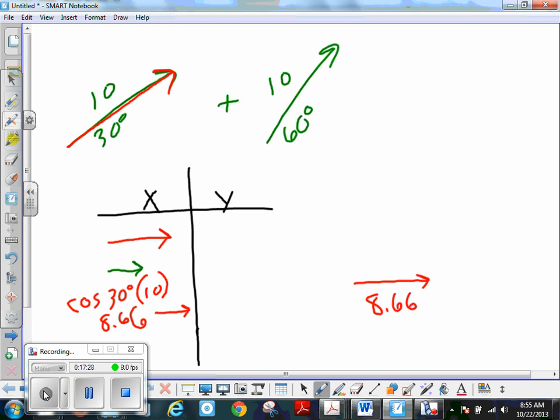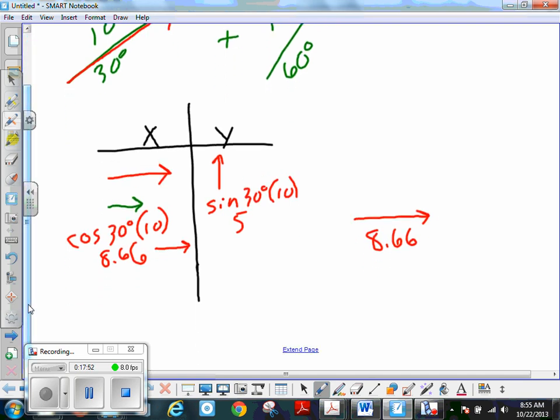Now my red y is going to be the sine of 30 times 10, which is going to equal 5. I'm not going to add that in yet. That was the y part of the red one.